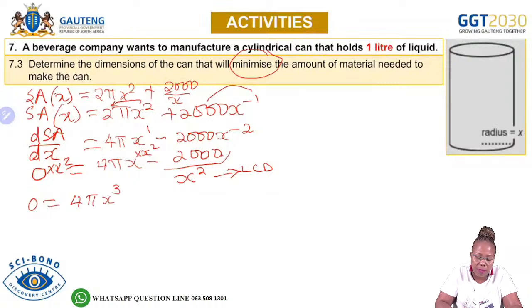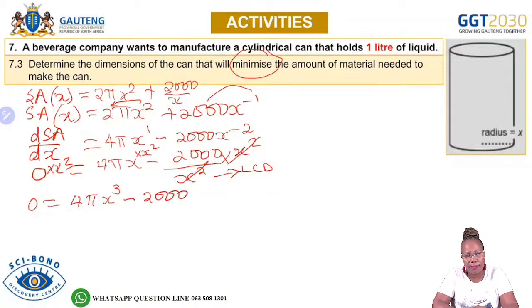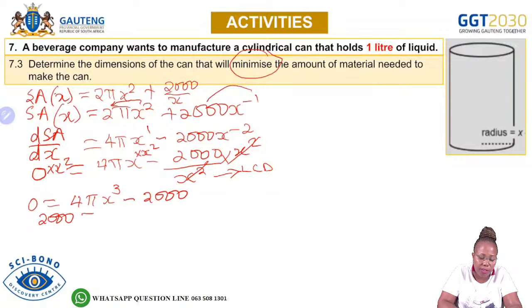And then we multiply this minus 2000 over x squared by x squared, it goes once there. We are left with minus 2000 there. Okay, and then transpose 2000 to the left to change to positive, and then we are left with 4 pi x cubed. We are looking for x. We are going to divide both sides by 4 pi.